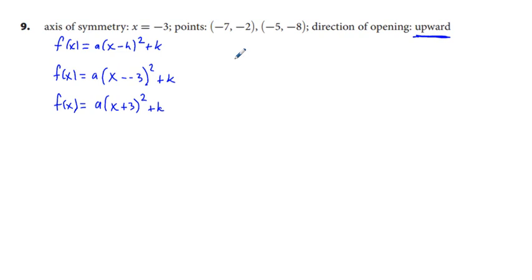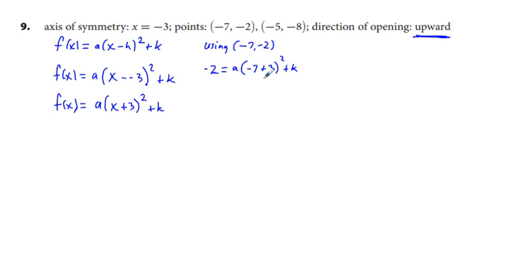points. So I'm going to put here, using the point -7, comma, -2. We're going to get -2 is equal to a times quantity, and x is -7, so we replace x with -7 plus 3 squared plus k.